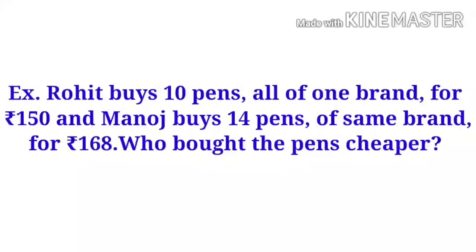Rohit buys 10 pens for 150 rupees. The same brand of pen, Manoj also buys, but he buys 14 pens for 168 rupees. Let's find who bought the pens more cheaply.